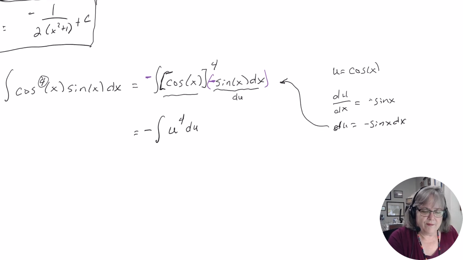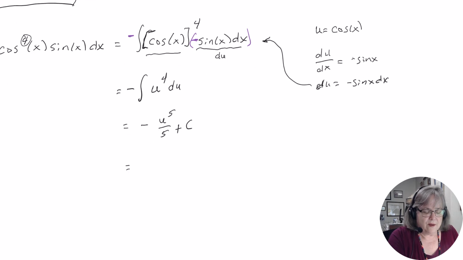So this is going to be the negative, and u would be added 1 to the power, divided by the new power plus c. So it's going to be the negative 1/5 cosine to the 5th x plus c, because remember u is cosine x, right?